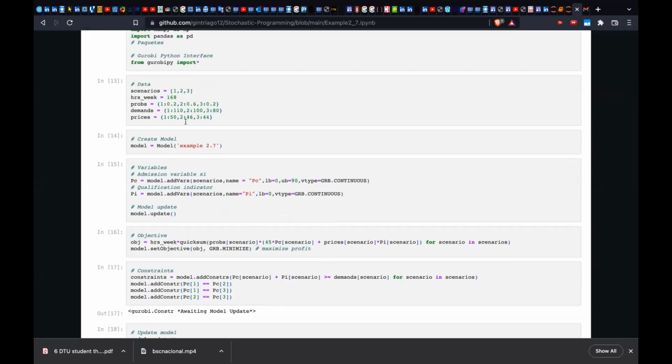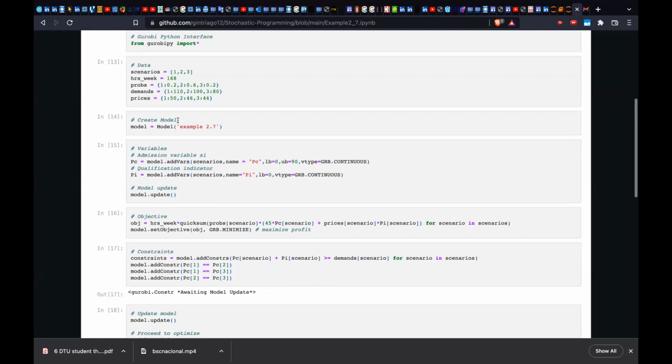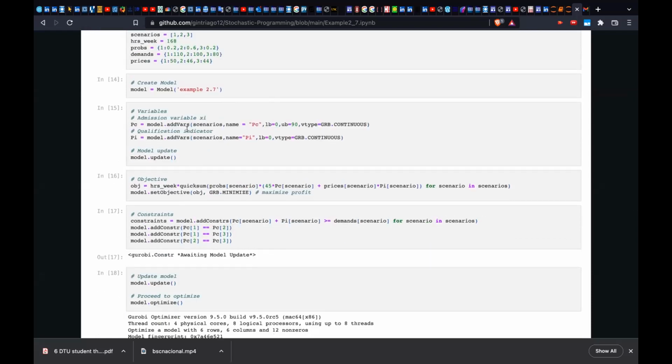The data is the same as in the previous example. We create a model and define the variables. In this case, the variable PC I am indexing by the scenarios, 1, 2, 3, similar for the power of each of the scenarios, 1, 2, 3. So in total, we have 6 variables. Notice that's a difference with respect to the previous example, where we only had 4 variables. Here we have 6 variables, so we're increasing the complexity of the problem.